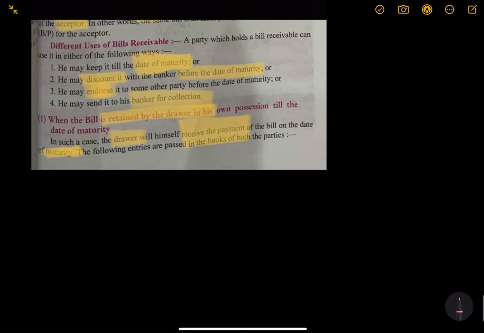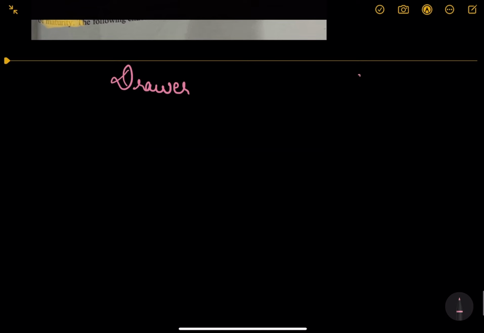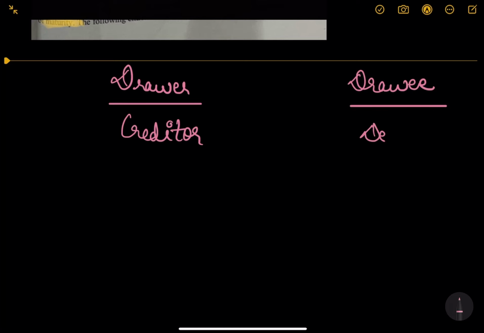Look, drawer, drawee. Drawer कौन होगा? Creditor. Drawee कौन होगा? Debtor. First and foremost entry will be sales, and for it will be purchase.